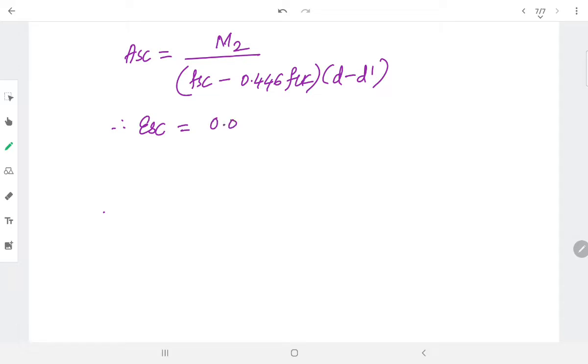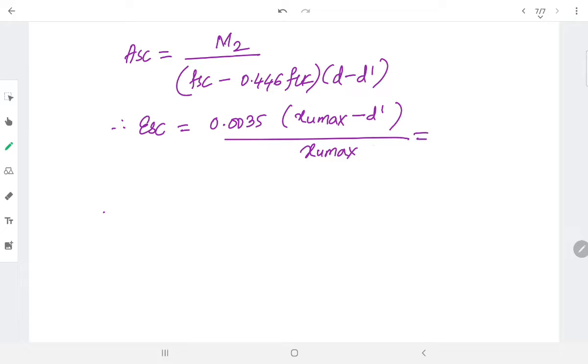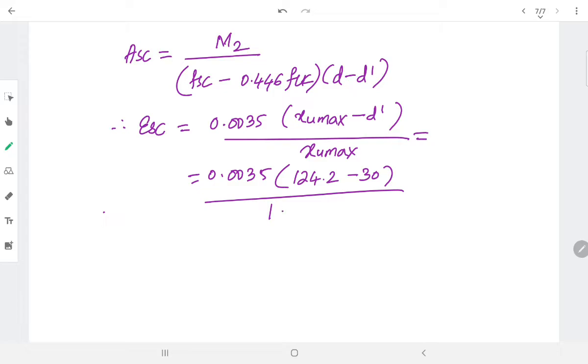It is 0.0035 into bracket XU max minus D dash divided by XU max. The value of XU max we have already calculated is 124.2. So 0.0035 into bracket 124.2 minus 30 divided by 124.2. You will get 0.00265 as the strain value.